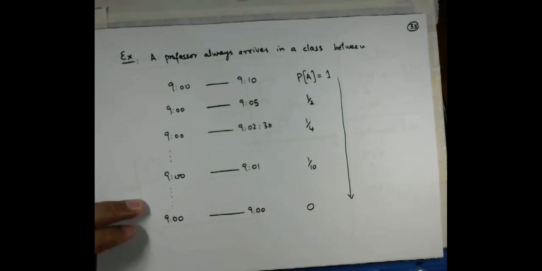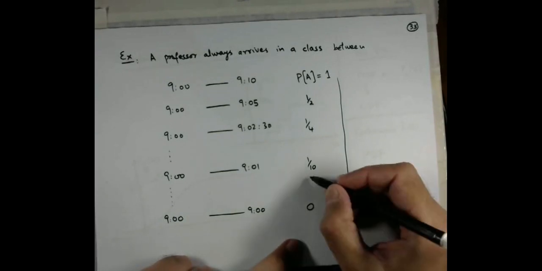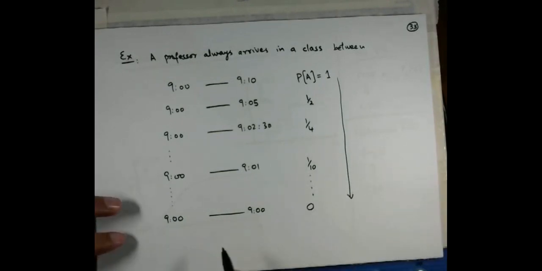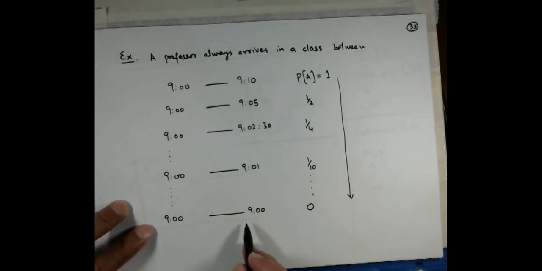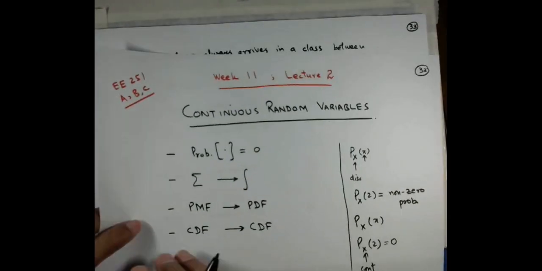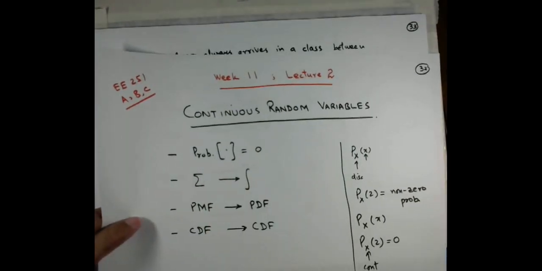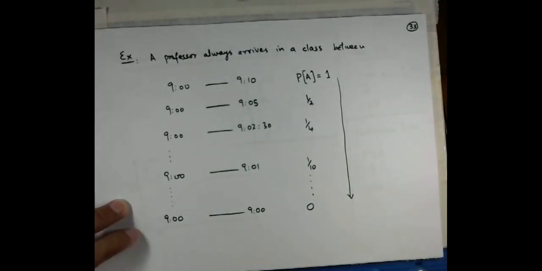So if you keep on reducing the interval, the probability decreases, and the probability that the professor exactly arrives from 9:00 till 9:00 is simply 0. And that is why we wrote that the probability of a point in the distribution of a continuous random variable is 0.